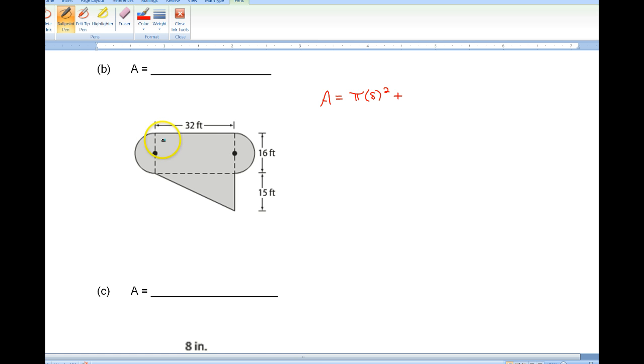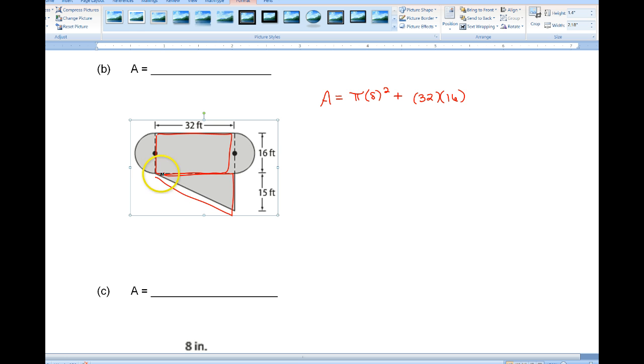What about this rectangle here? 32 by... good. And now what about the triangle? Well, this is 15. Perfect. So we're just going to add all three areas together. There's a right triangle, so base times height.